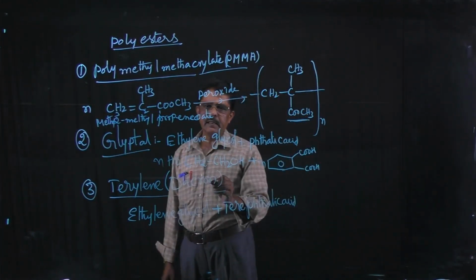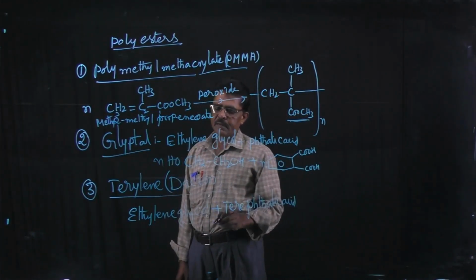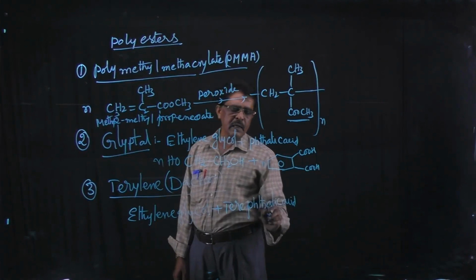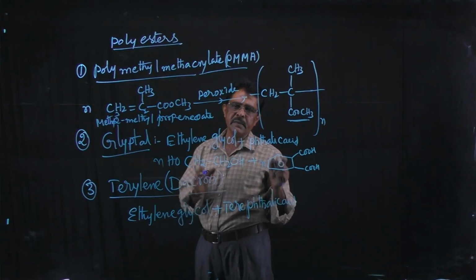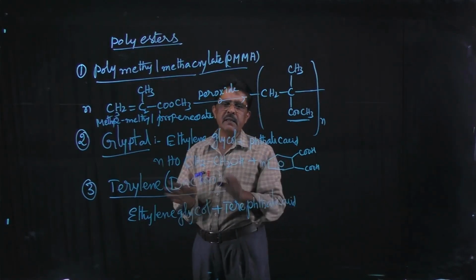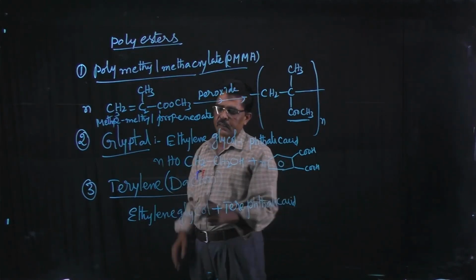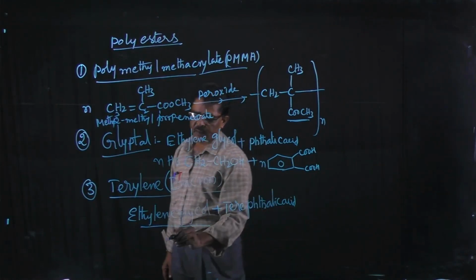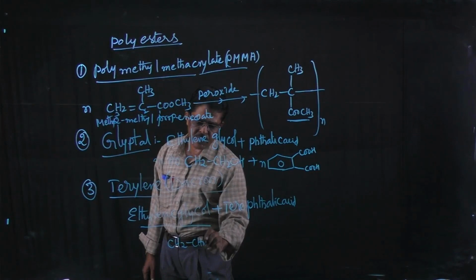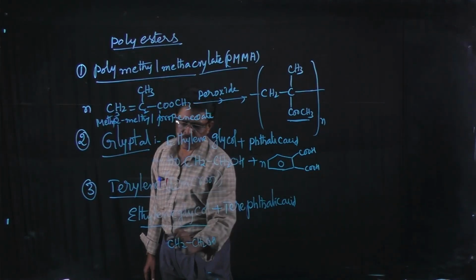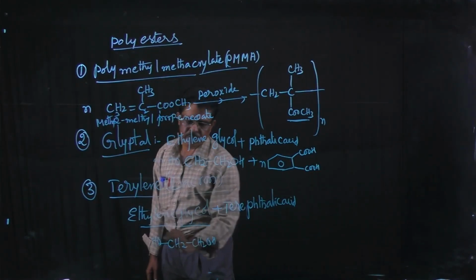Next one is the what? Terylene. Terylene is also ester polymer. Ethylene glycol and terephthalic acid. Ester is formed by the reaction between the carboxylic acid and alcohol. The ethylene glycol is the what? Diol. CH2OH. This is our ethylene glycol, right?